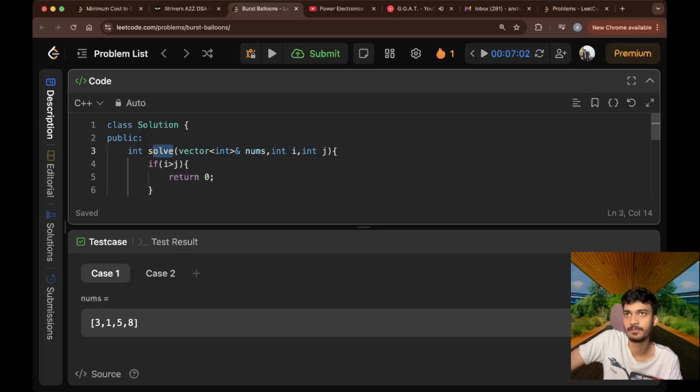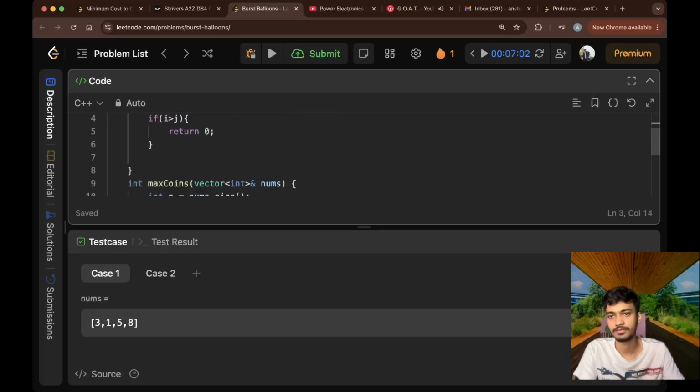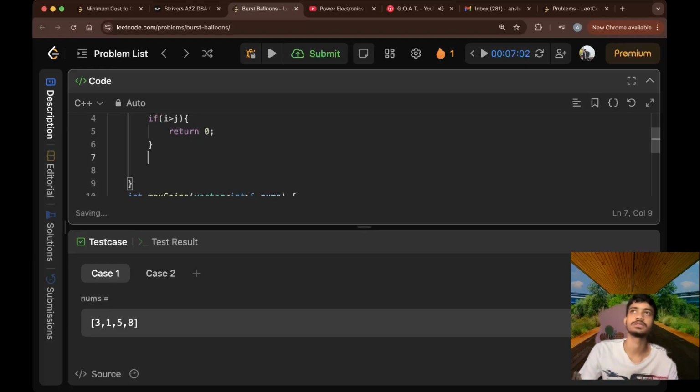The cost will be 0 if i is greater than j. Equal to will occur, but if i is greater than j, it will not occur. So in writing the base case, we think of the smallest valid or maximum invalid input. We thought about the maximum invalid input.